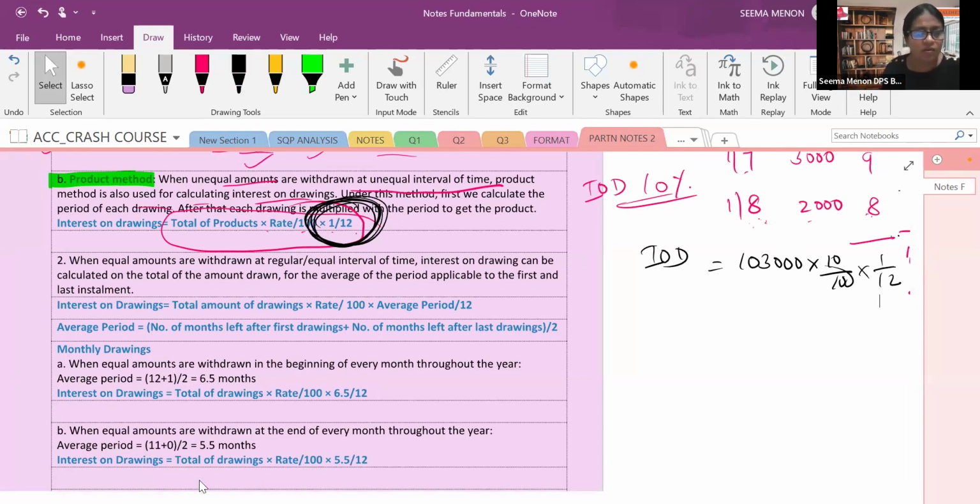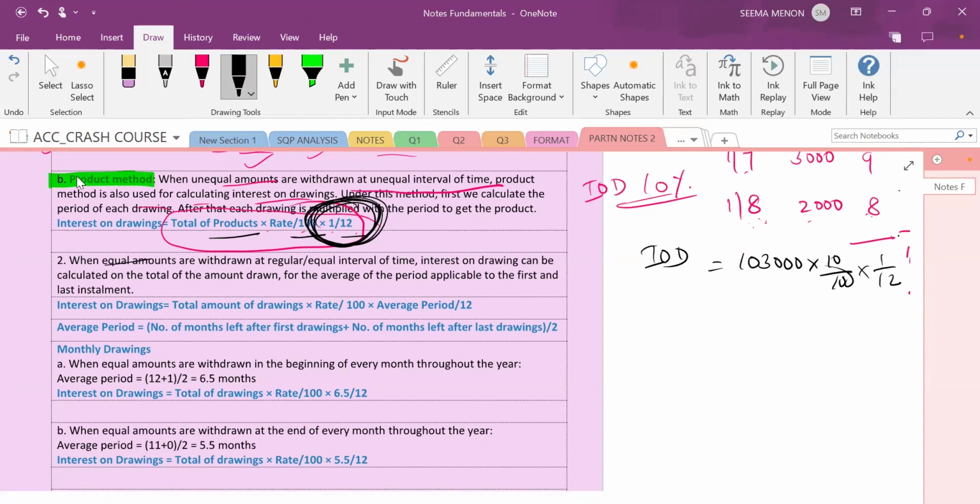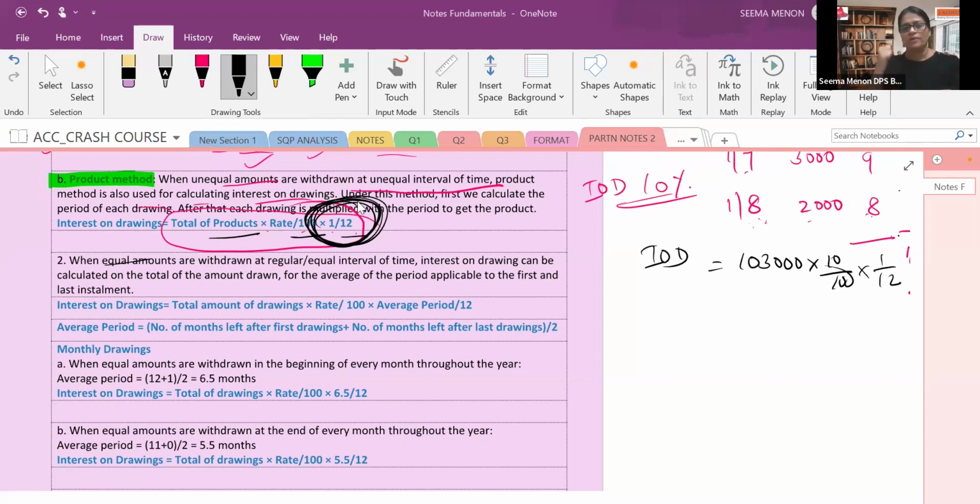Now the formula to be applied is interest on drawings, total product into rate upon 100 into 1 by 12. Now see, children, this is very important for our entire syllabus. When equal amounts are withdrawn at a regular or equal interval of time, that means every month they will be withdrawing 3,000, maybe in the beginning, mid, or end of the month.